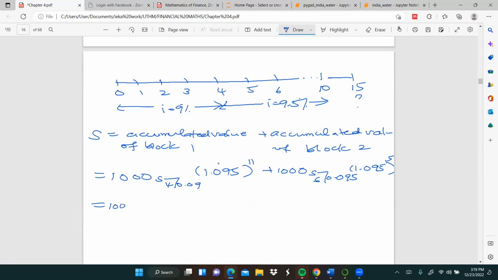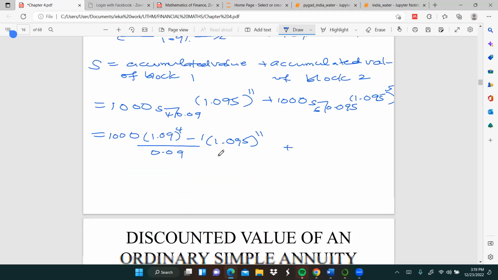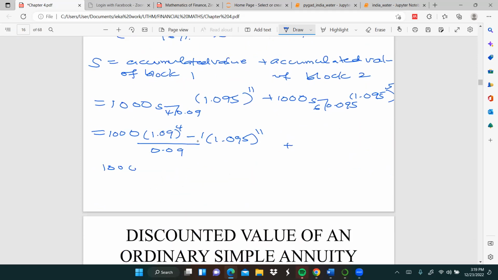Okay, 1,000 darab dengan 1.09 kuasa 4 tolak 1 per 0.09 darab dengan 1.095 kuasa 11 tambah dengan 1,000, okay, tambah dengan 1,000 darab 1.095 kuasa 6 tolak 1 per 0.095 darab 1.095 kuasa 5.